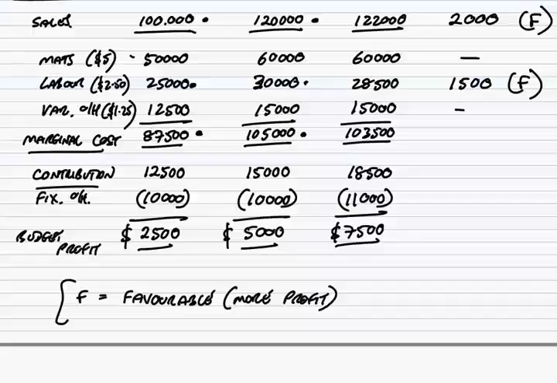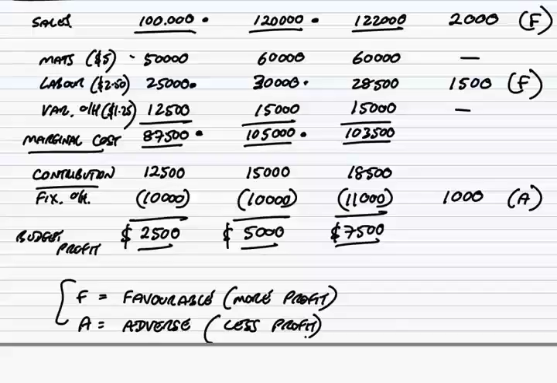Variable overheads, no difference. But finally, fixed overheads. Fixed overheads, we overspent. And of course, if we overspend, we get less profit. Well, again, rather than put brackets or negative signs, we write against it the letter A. The letter A stands for adverse, or less profit.